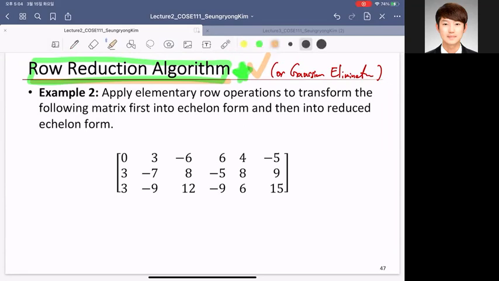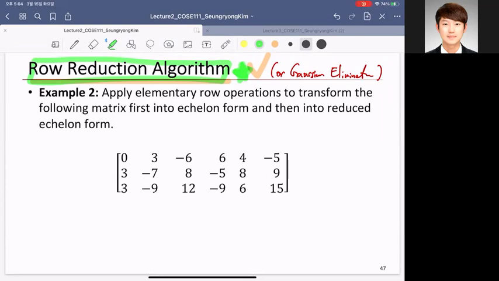So let's do that. To derive this algorithm, we don't need further notation or further techniques. We already discussed this, but let's derive this algorithm in a systematic manner. To derive this, I'd like to show one example, and I will summarize the algorithm.